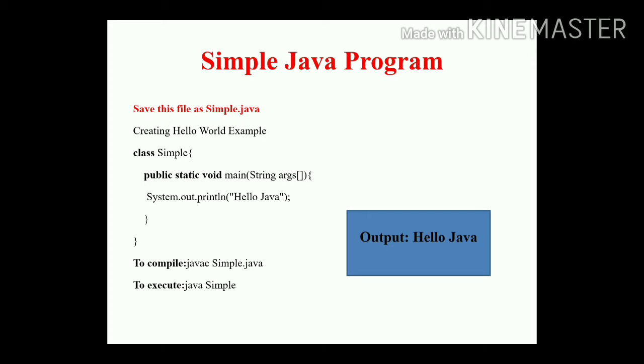Class HelloWorldExample. In this I am going to declare a main function, that is public static void main. In this I am going to pass a String args. In the main function we are going to print Hello Java with System.out.println.